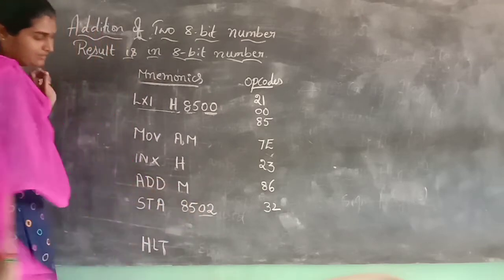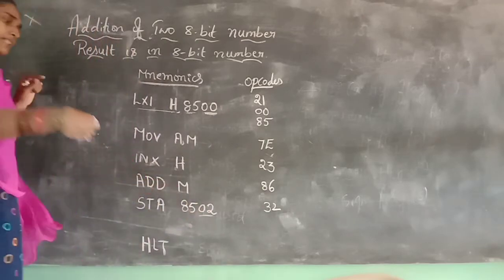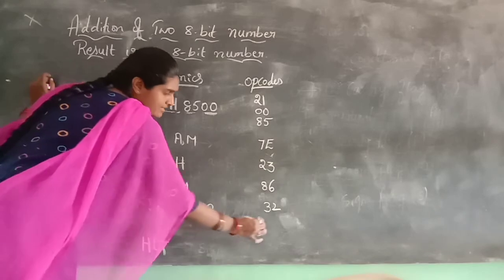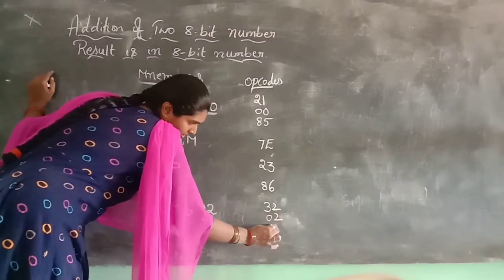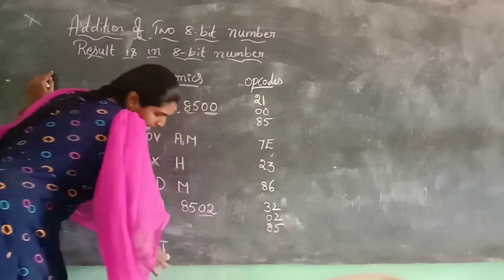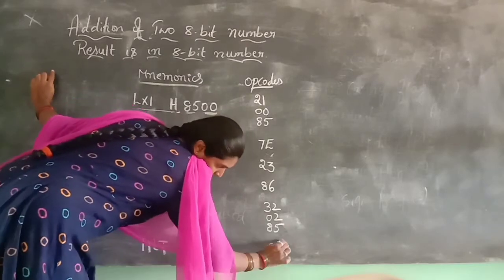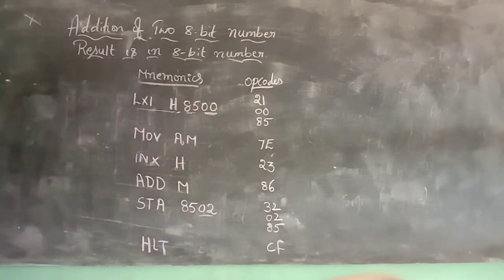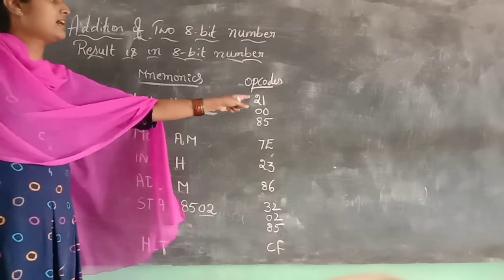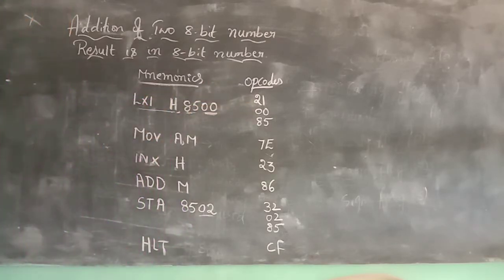In the 16-bit address, first you enter the LSB, 02, and next 85. Then halt is CF. Here 21 is 8-bit data, so it is treated as 1 byte of data.